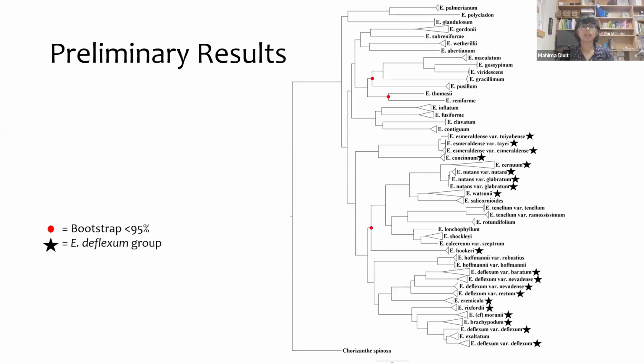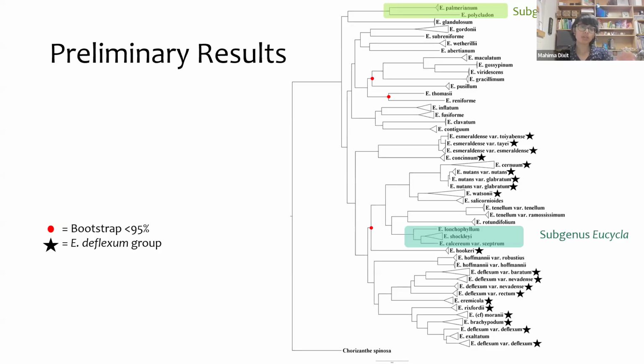Another thing I wanted to note is that most of the members in this tree represent species and varieties from what is currently recognized as subgenus Ganysma, except for these two groups. I added in some species from subgenus Eriogonum and from subgenus Eucycla to give us context for where these species fall relative to the other buckwheat species.